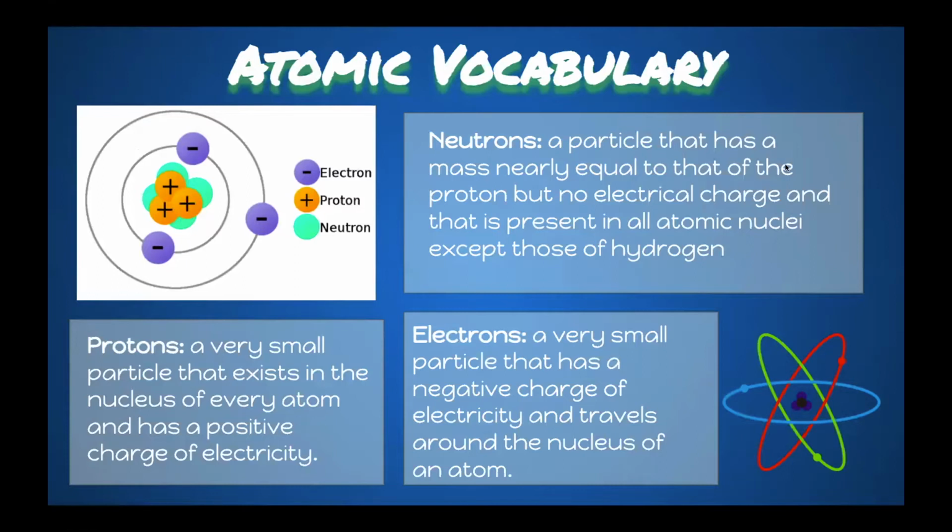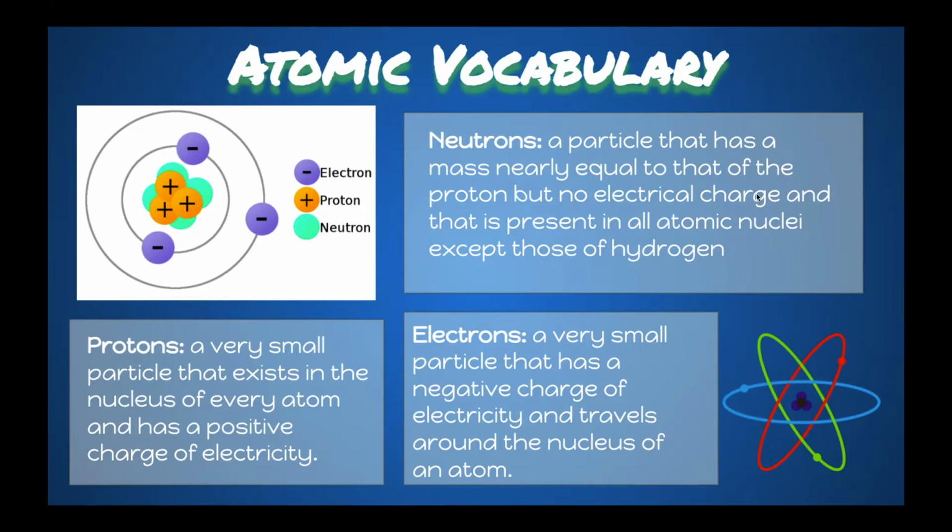So you just went over the anatomy of atoms and this atomic vocabulary with Mr. Dominguez, but just to review, we've got electrons, protons, and neutrons. Now, of course, neutrons are the particle that has a mass nearly equal to that of the proton, but no electrical charge.